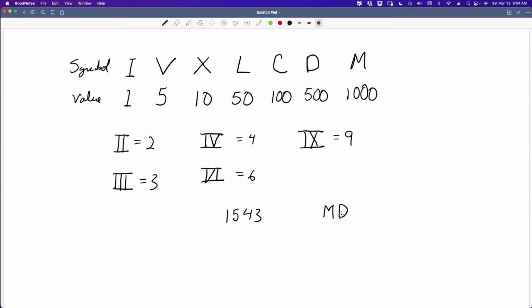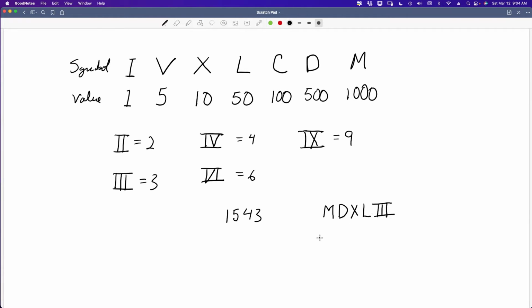And then, instead of having 4, they never used 4 of any number. They would use 3 at the most. So they would have written X and then an L, because 10 from 50 would be 40, and then they would do 3 ones. 1, 2, 3.